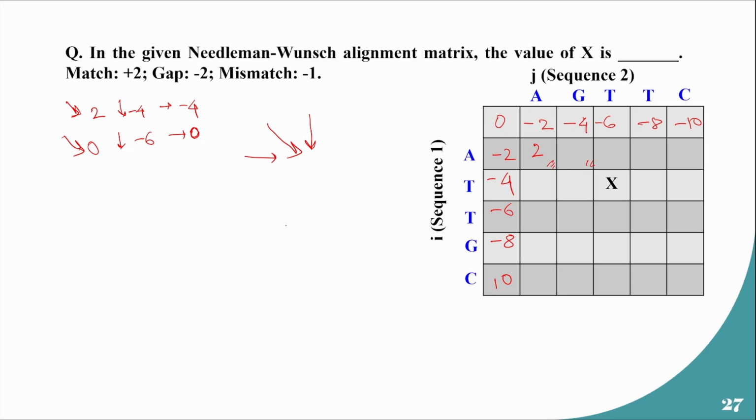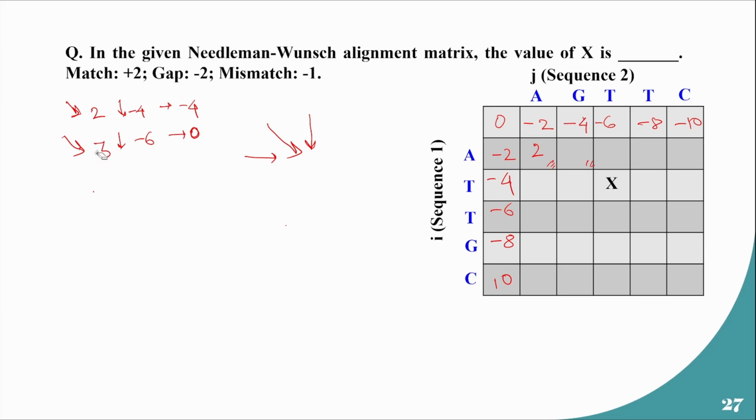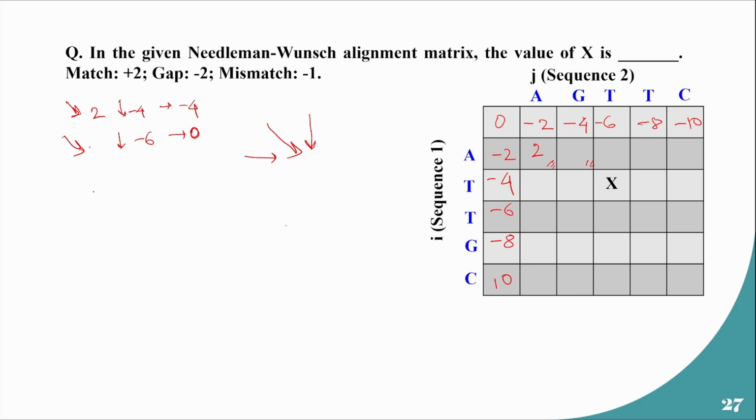In the same way, you have to calculate the rest. Yeah, I think I made a mistake here because it should be a mismatch, so it should be -3. So could you calculate it out?